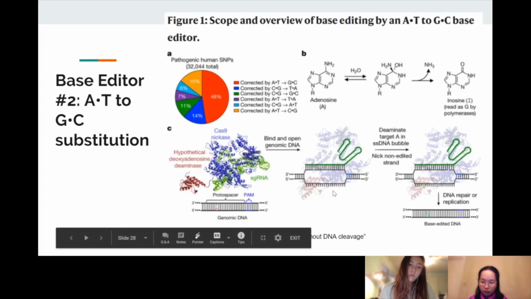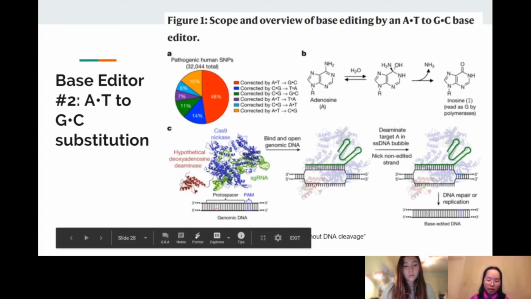That A is then turned into an I by this hypothetical enzyme that hasn't been created yet. And it deaminates that A and turns it into the I in that bubble here. And then through DNA repair and replication, it's read as a G, and here is a C.